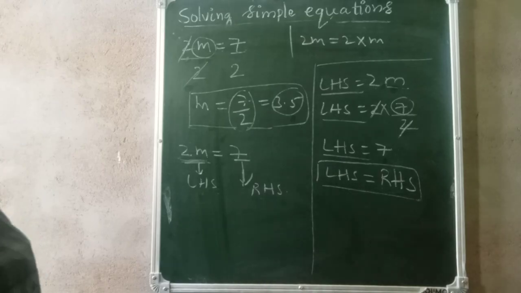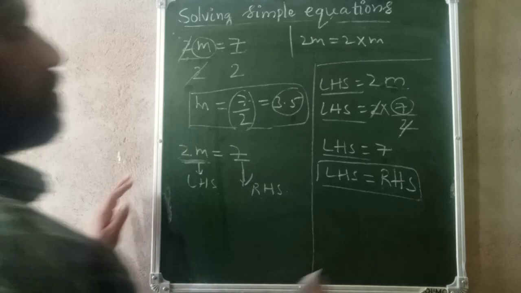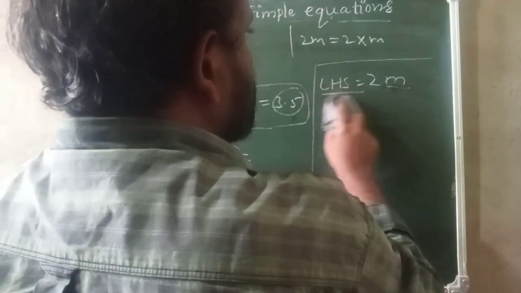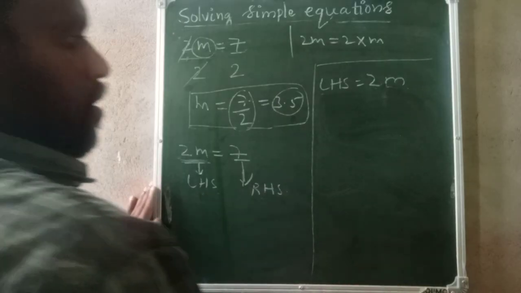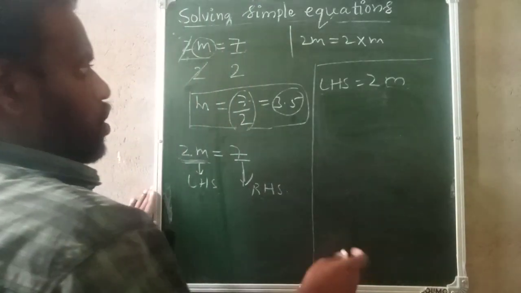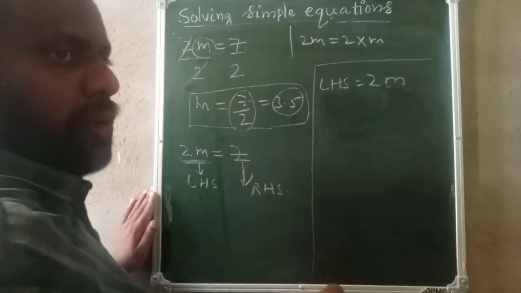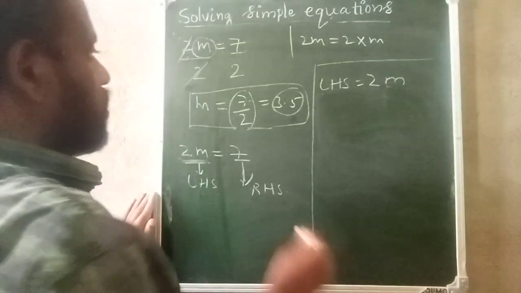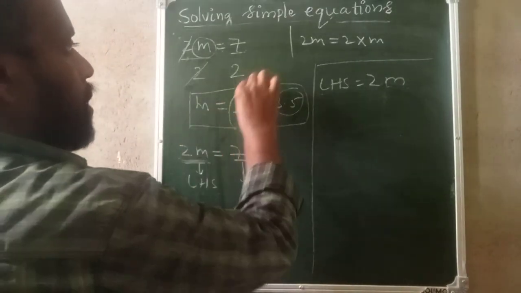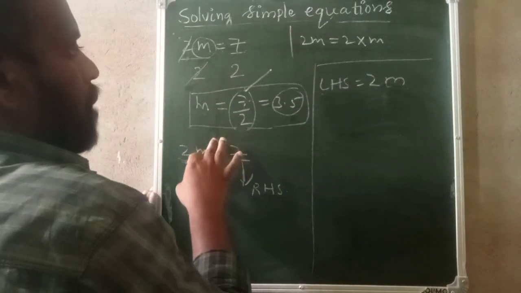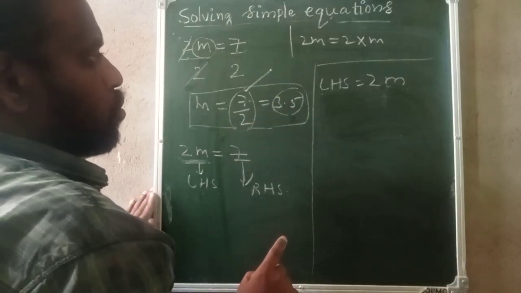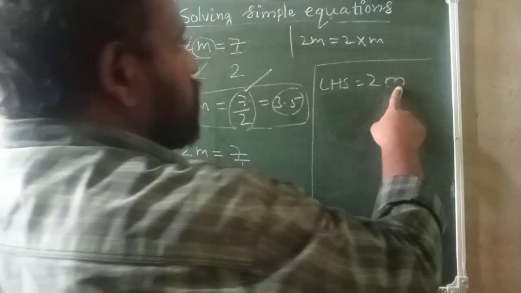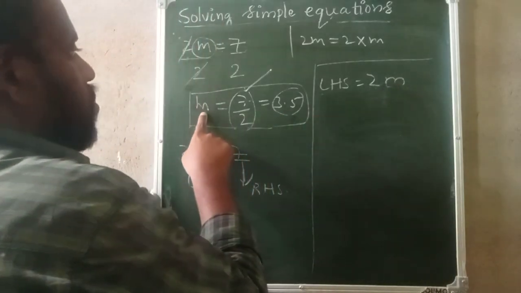If you want me to show that, I will show that also. Now, I showed you LHS is equal to RHS when I took M is equal to 7 by 2. Now I am going to take this 3.5. So we have to substitute value for M. So this value of M is 3.5.